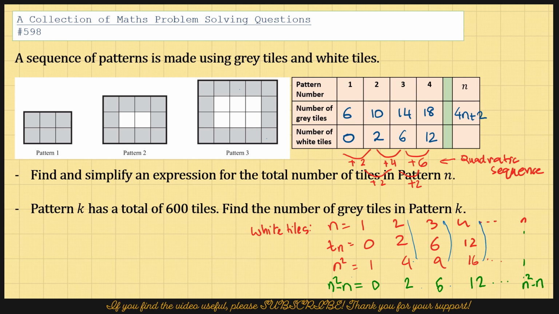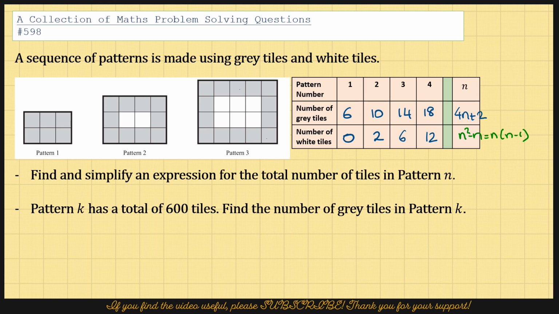So the nth term of this sequence is n square minus n, or n times n minus 1. So we've got the nth terms now for the grey and white tiles.